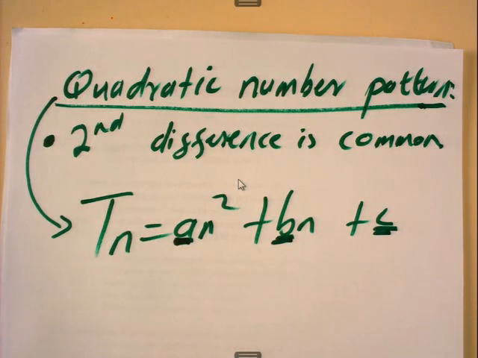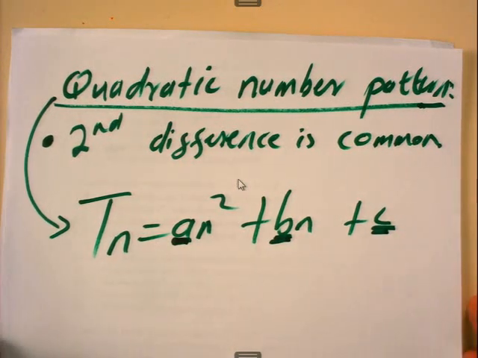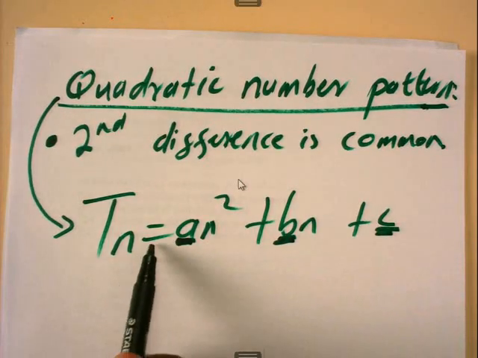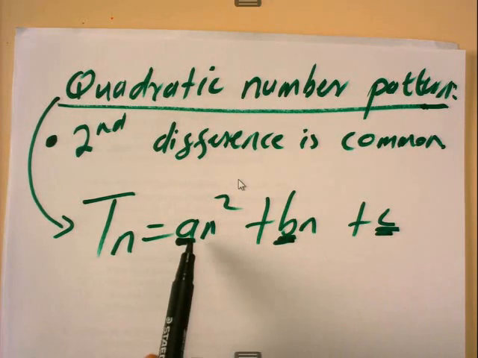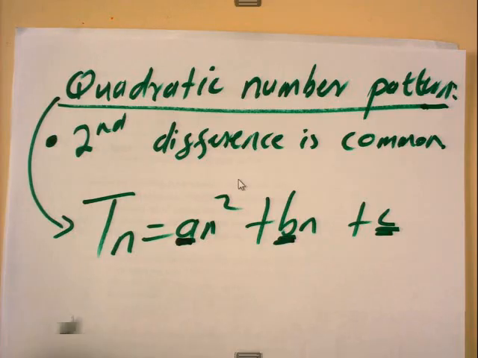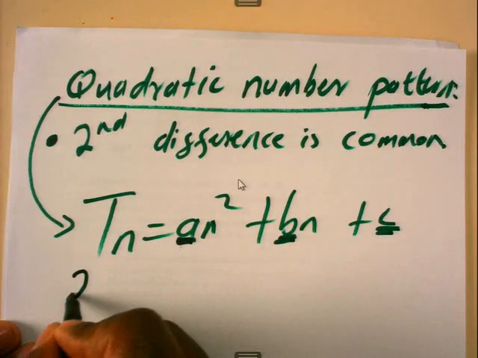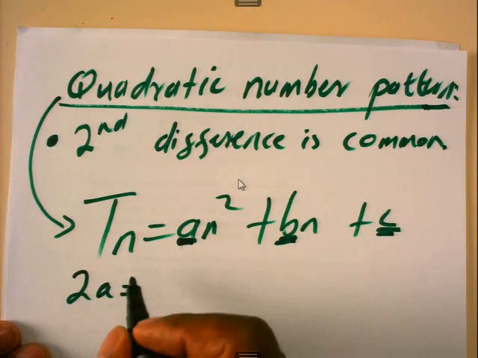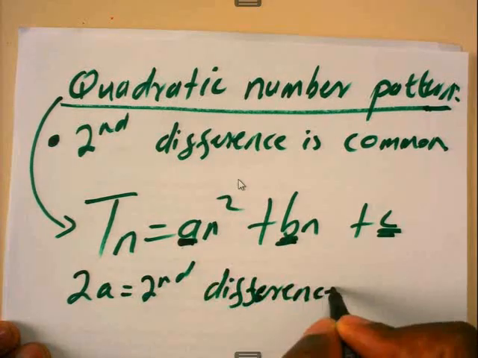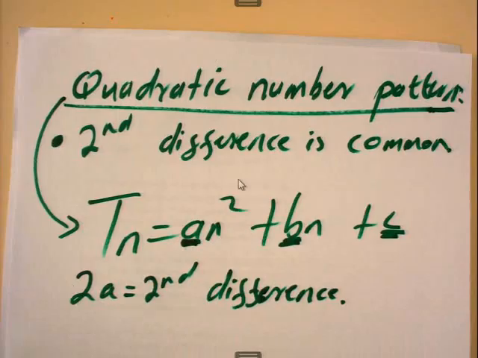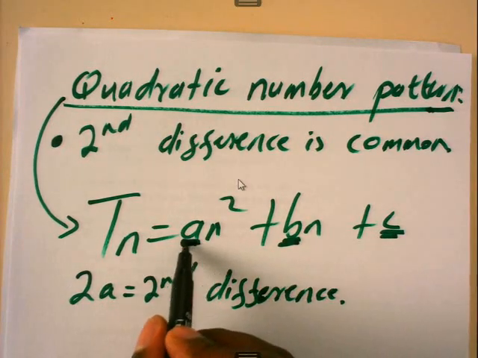Because you are busy preparing for the examination, the question is, if we are given a sequence like this one, how do we determine the value of a? Remember, we always say 2a is equal to the second difference. That is how we determine the value of a.